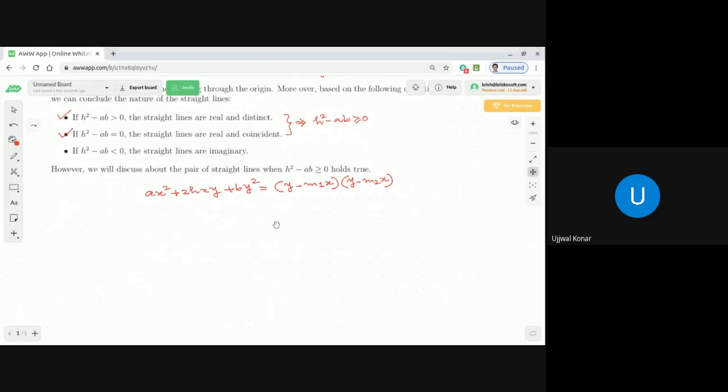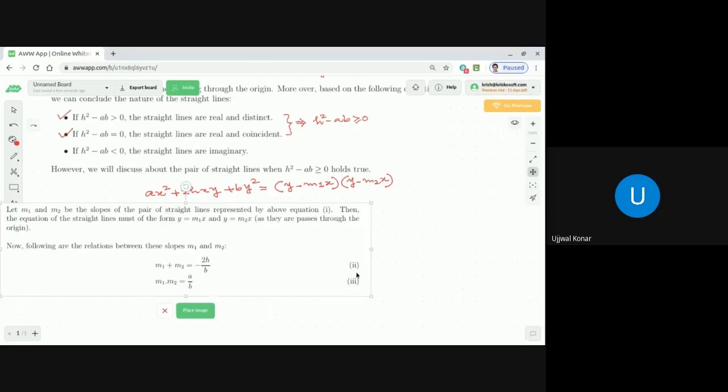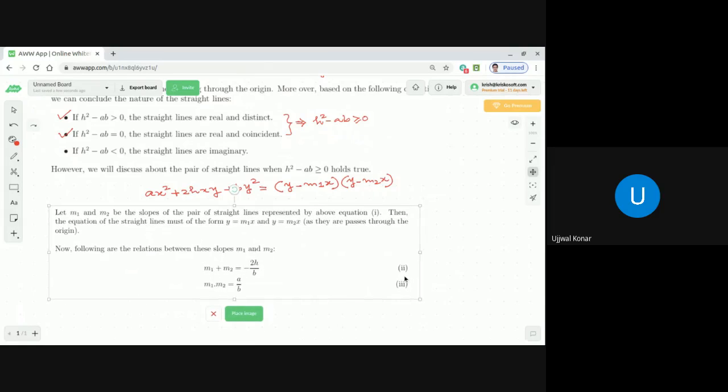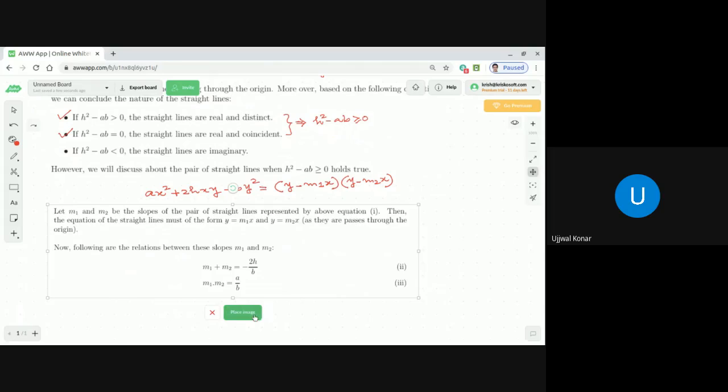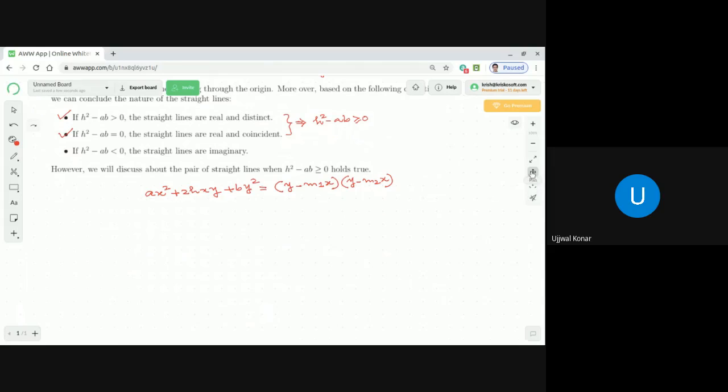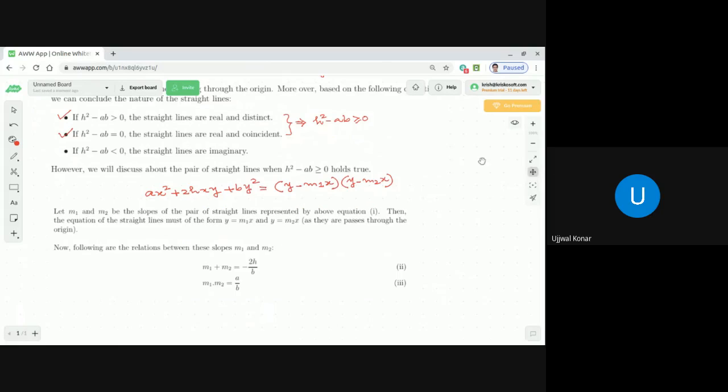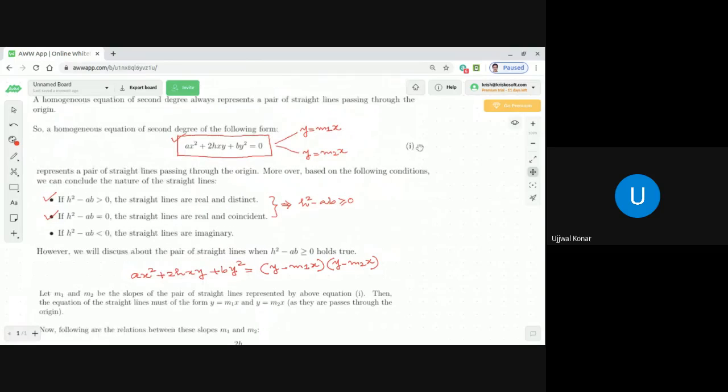So let m1 and m2 be the slopes of the pair of straight lines represented by equation 1. Equation 1 is this one here: ax square plus 2hxy plus by square equal to 0.